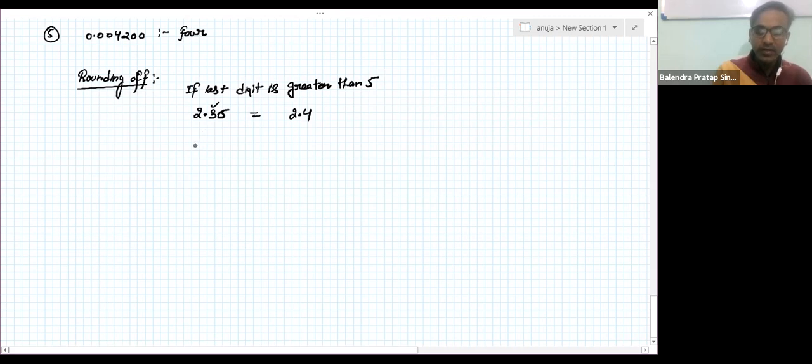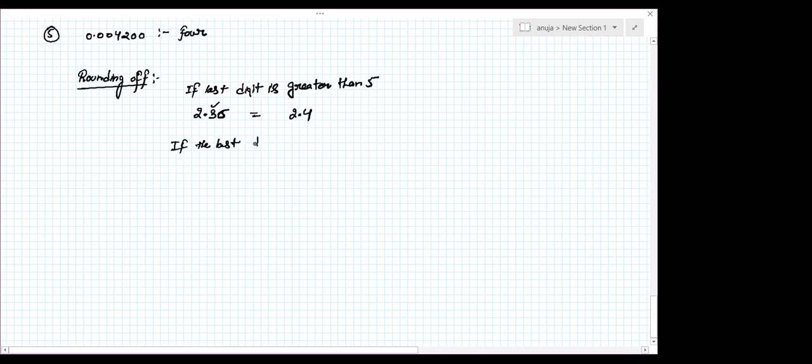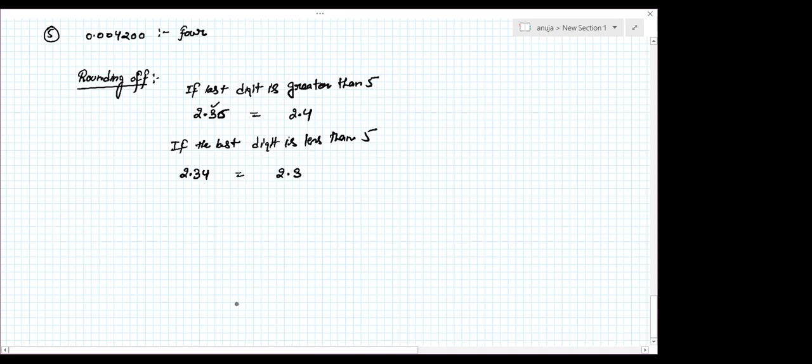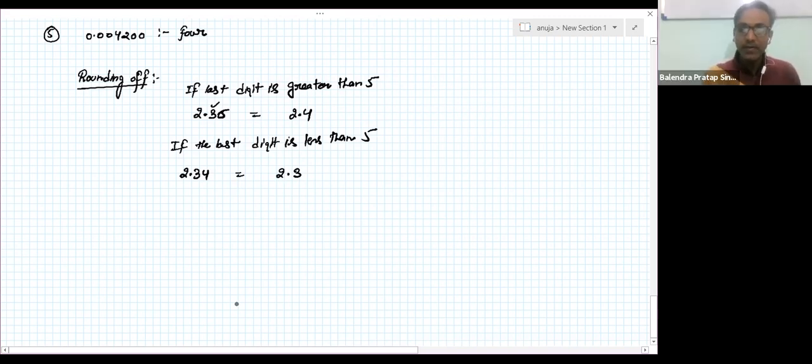Suppose the last digit is less than 5, like 2.34. The last digit is less than 5, so you can convert this 3-digit significant figure into 2 digits by leaving the last number. The second last digit stays as it is.